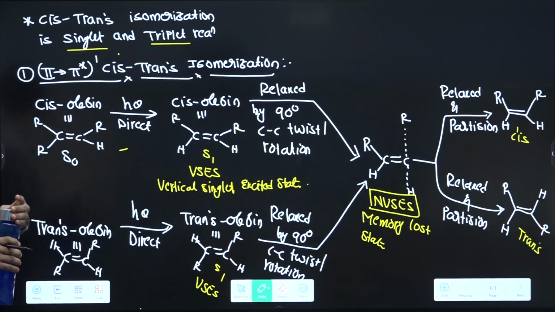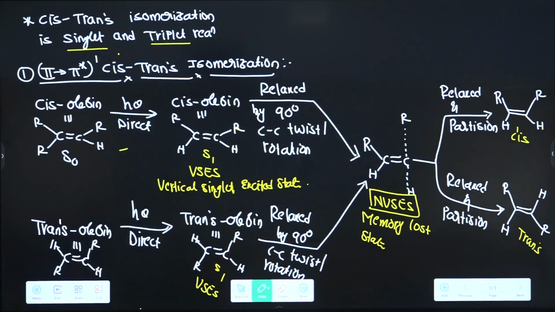You can start with cis isomer or trans isomer. That is also called intermediate state.